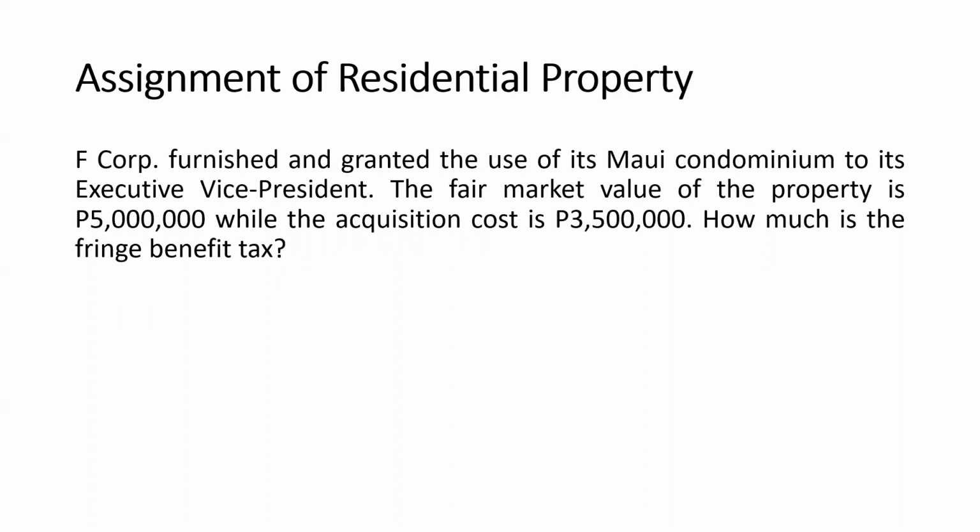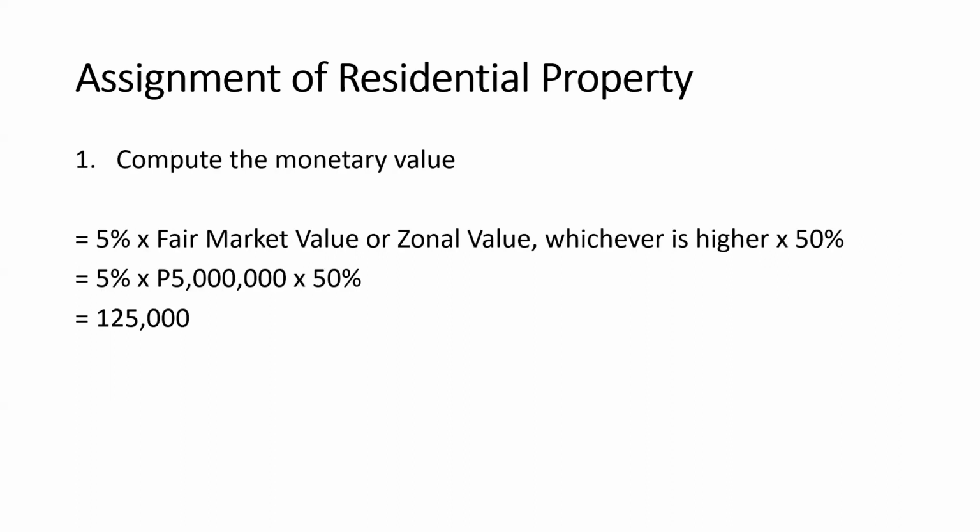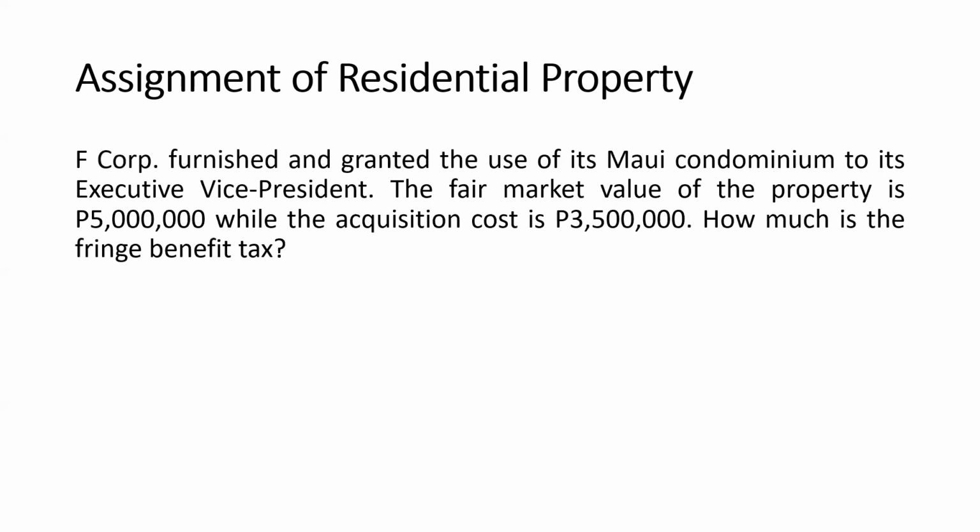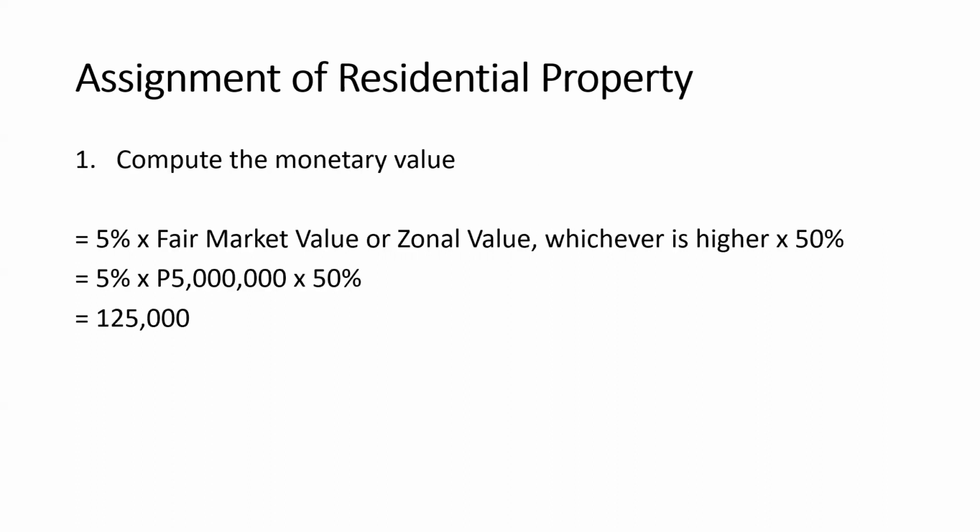FCO furnished and granted the use of its Maui condominium to its executive vice president. So how much is the fringe benefit tax? Answer, 5% of the fair market value times 50%. Bakit hindi natin ginamit yung acquisition cost? Eh kasi owned na nga to ng company. So kung assignment lang, diretso na tayo sa fair market value.